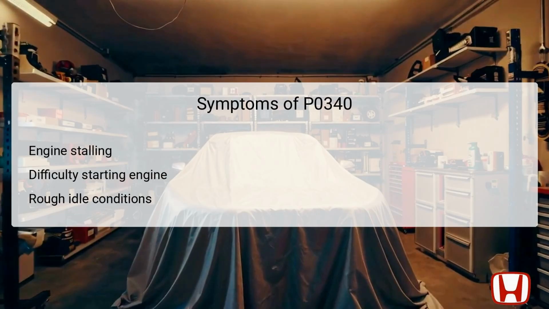Additionally, you may experience difficulty in starting the engine, since accurate camshaft positioning is crucial for ignition timing. Any delays may prevent the engine from turning over. Rough idle conditions can also arise, where the engine runs unevenly or at an improper speed. These symptoms progressively worsen if the problem is not addressed, which could lead to further complications or complete engine failure.